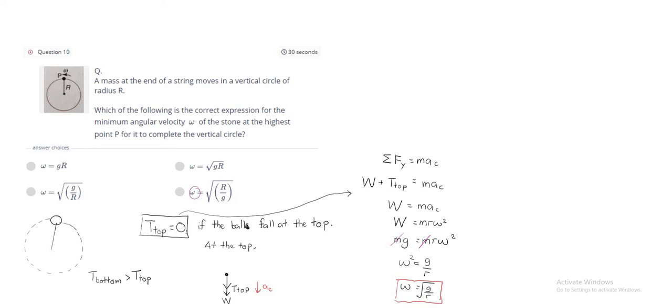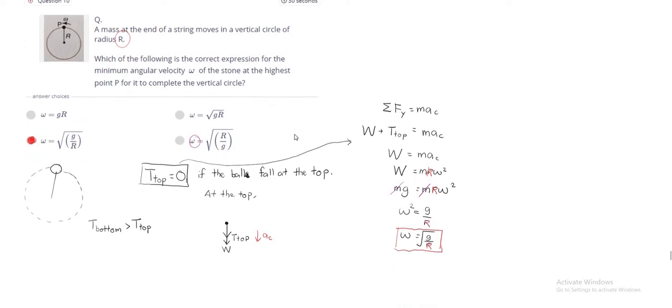So for this question, the answer is omega equals square root of g over R. By the way, they use radius big R, so technically I should change this to big R. Little mistake here.